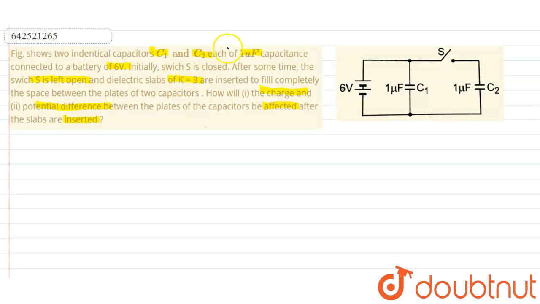When the switch was closed, let us take the first case. When the switch initially was closed, what was the charge and the potential difference across the plates of these two capacitors? When the switch S was closed, C1 and C2 are both in parallel.